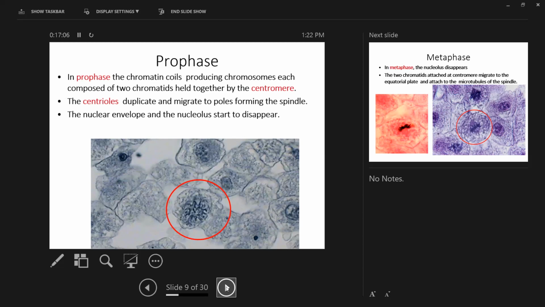Now, the reason that the chromosomes condense in mitosis is because when they're unwound as threads, they are extraordinarily fragile. They're very, very thin. And we're going to sort of abuse the chromosomes a little bit as we push them and shove them around in the cytoplasm and get them to line up on the middle of the cell and then get pulled and pushed apart to opposite ends of the cell.